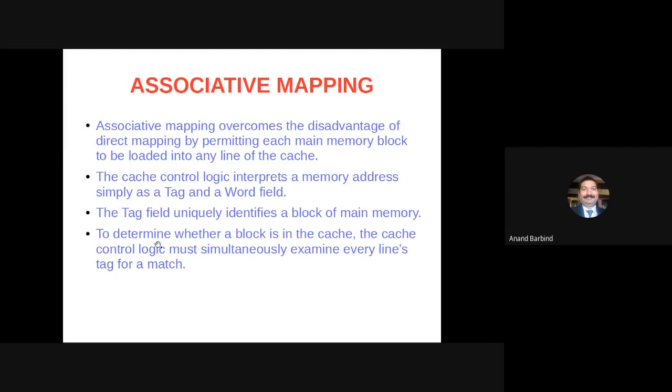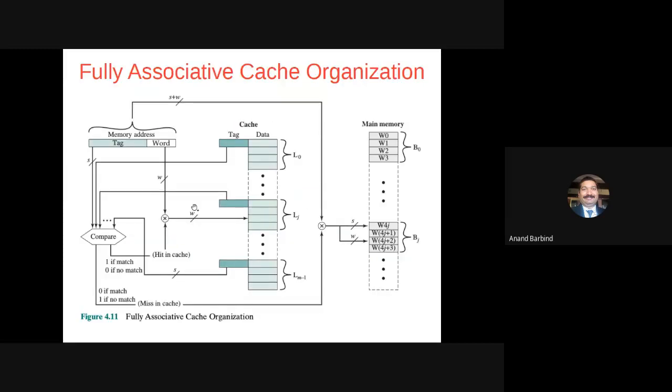Though it permits you to store your block anywhere in the cache, searching whether a particular block is there in the cache is very expensive, because the block can be present in any of the lines. So you need to compare the tag value with all the tags.